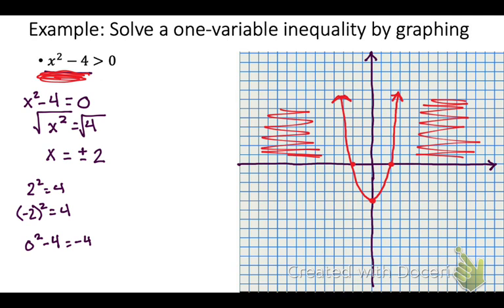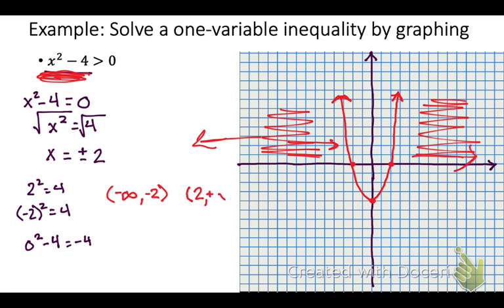So where does over here start? Negative infinity. And where does it stop? At negative 2. Leave a space between. Then it picks back up at 2 and goes to positive infinity.